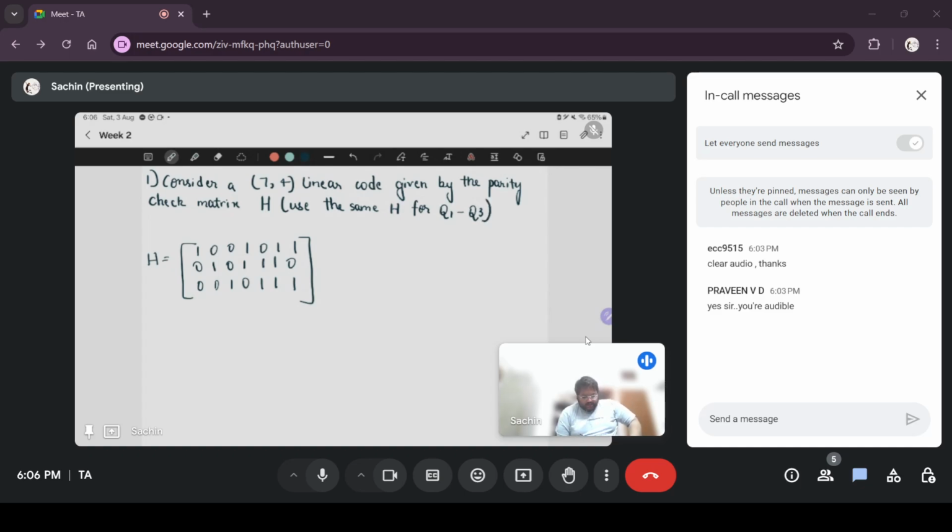H is given by the following matrix: 1 0 0 1 0 1 1 is the first row, 0 1 0 1 1 1 0 is the second row, and the third row is 0 0 1 0 1 1 1.